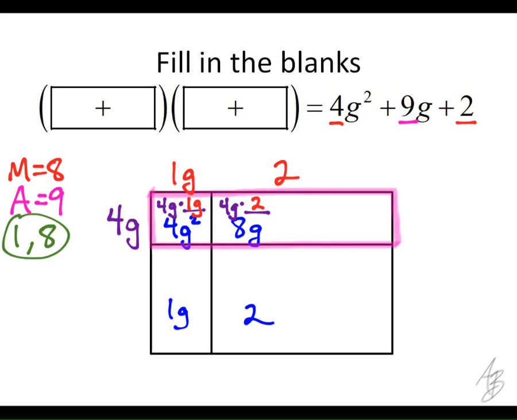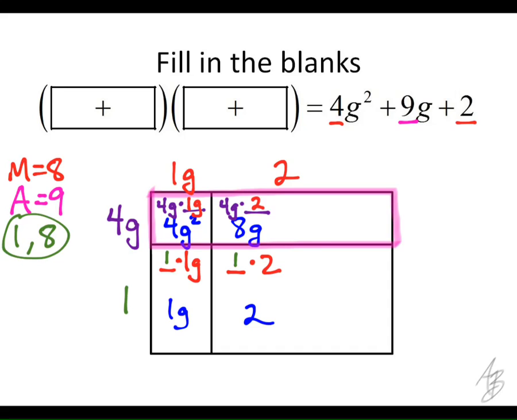So we're going to have something times 1G and something times 2, because the width of this rectangle is 2. What do I multiply by 1G to get 1G? 1. What do I multiply by 2 to get 2? It's a pretty easy one, right? So what's the height of this rectangle going to be? 1.